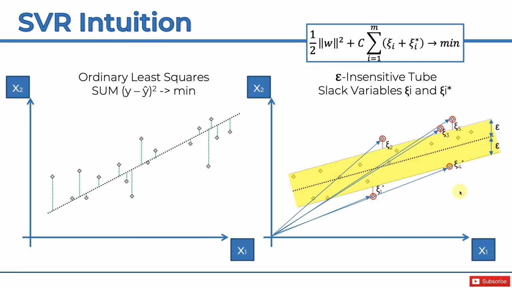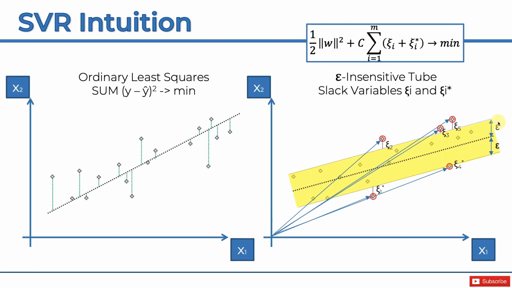So these points are all vectors, but the ones that we've highlighted in red, the ones outside the tube, they're the support vectors because they are dictating how this tube is created. Basically they're supporting the structure or formation of this tube, and that's why they're called support vectors, and that's why this is support vector regression.